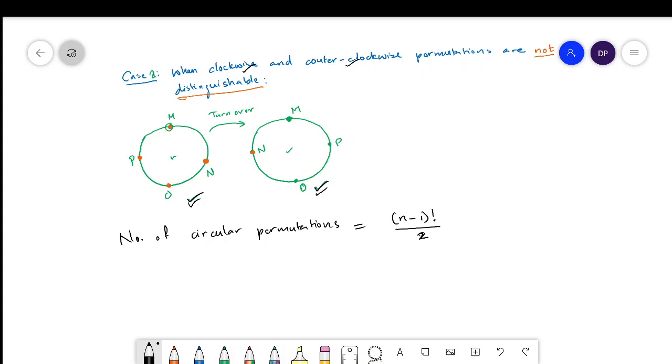Hope it's clear. And the cases of such circular permutations where counterclockwise and clockwise permutations are not distinguishable are, say, first one, arrangement of flowers to make a garland.